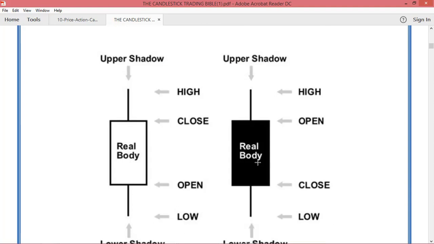So the white candlestick is a green candlestick, and the black candlestick is the red candlestick. What does this mean? You will see this high, this close, this open, this low. Whatever I explain here, I'll be taking you back to the chart to show you what it actually means.